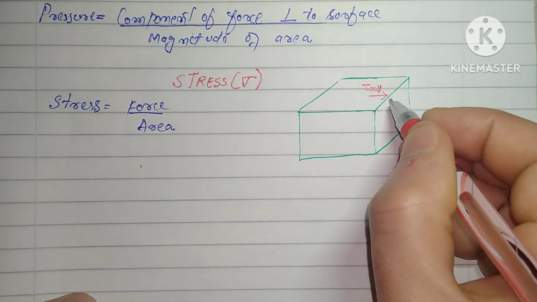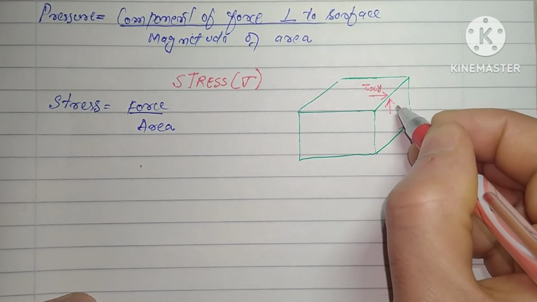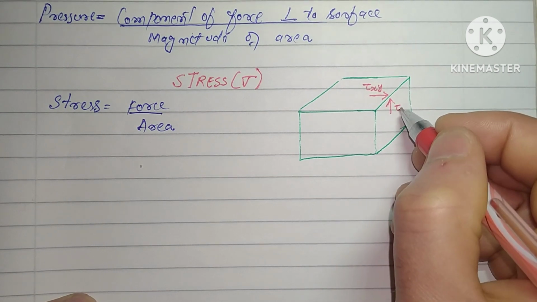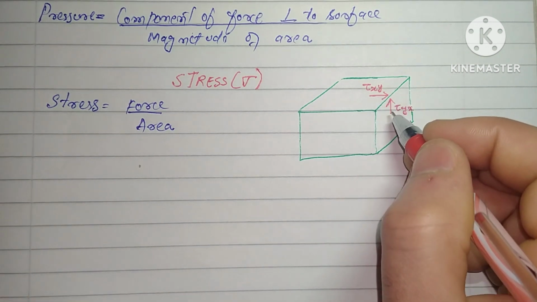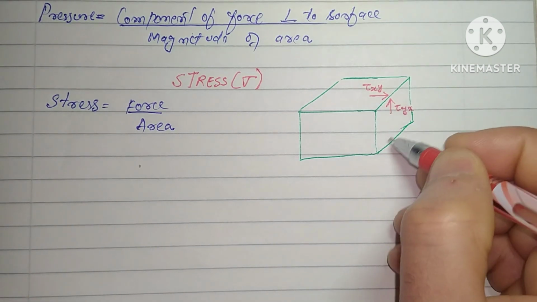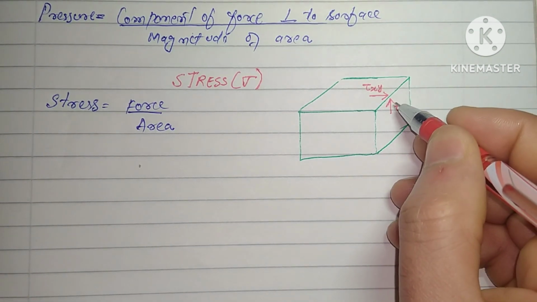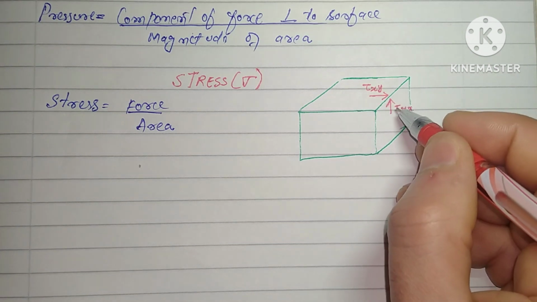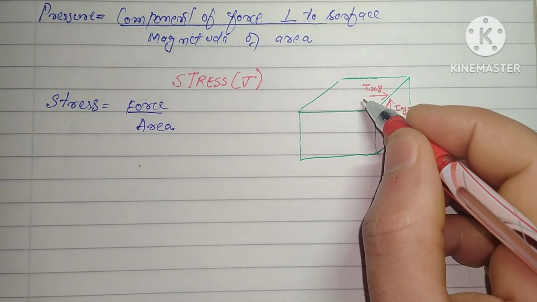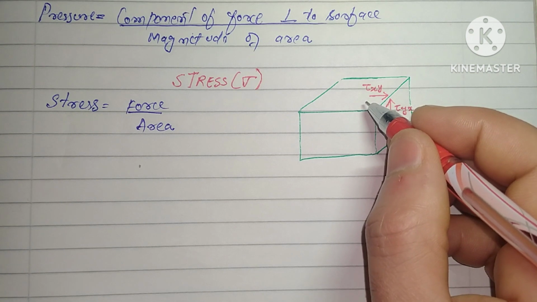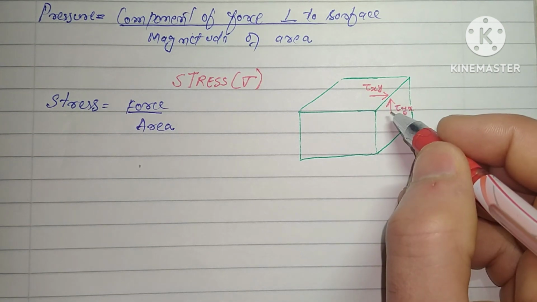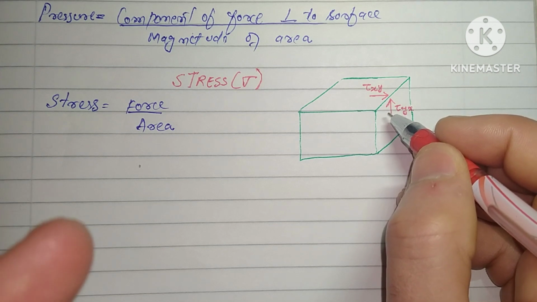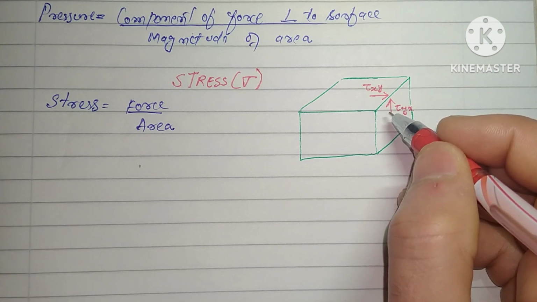So the complementary shear stress will be tau yx. These are the complementary shear stresses. Here the shear stress is parallel to the surface, and this one is perpendicular to this surface and parallel to this surface. So stress may be parallel, it may be perpendicular. It is not always perpendicular to the surface, but pressure will always be perpendicular to the surface.